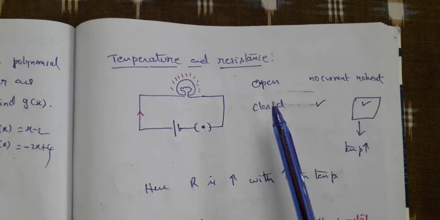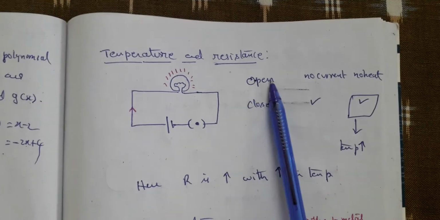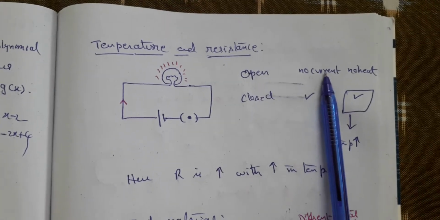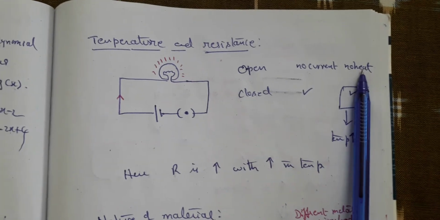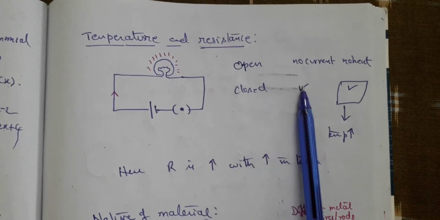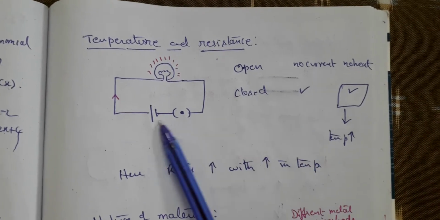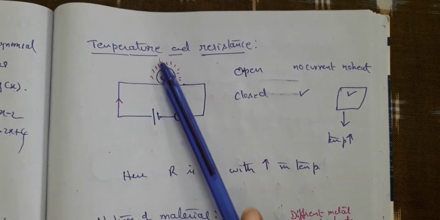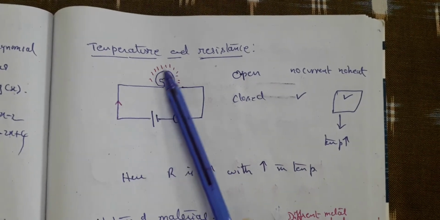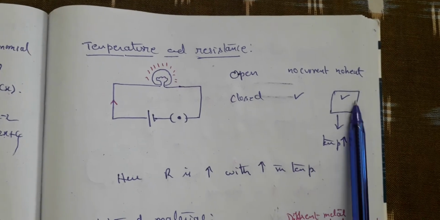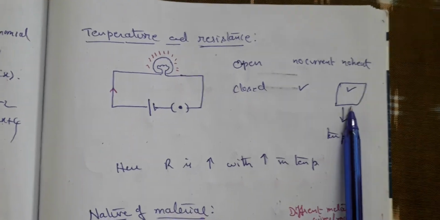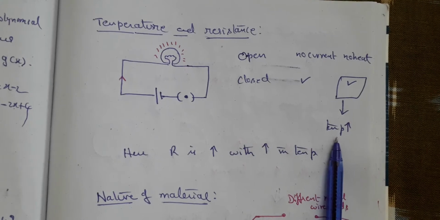Because of heat, the temperature increases. So when the circuit is open, no current flows and no heat is produced. When it is closed, there is a supply of current. As the current is on, the bulb glows. As it is glowing, heat is produced. Because of the heat, the temperature of the filament increases.